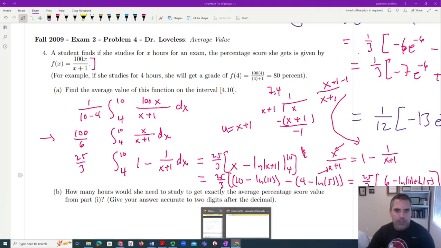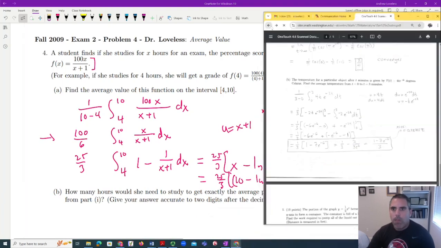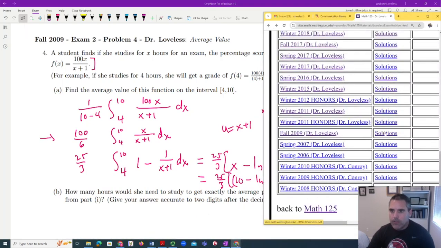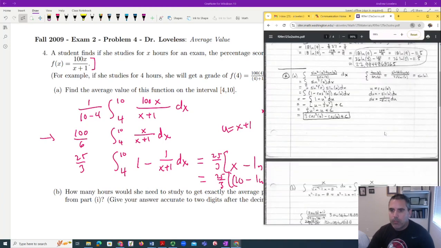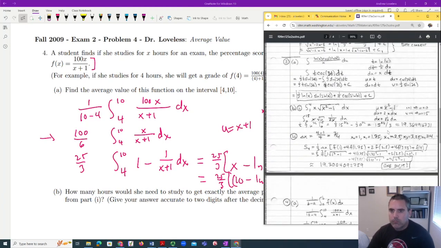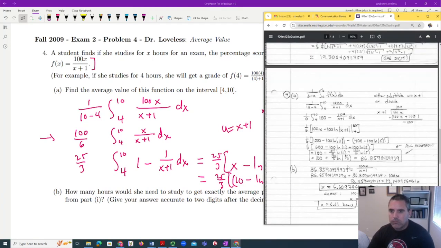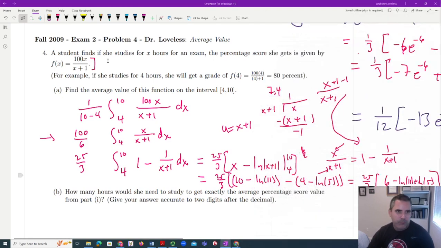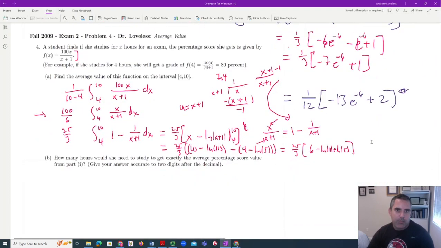This was fall 2009, so let's pull that up. Fall 2009. Yeah. So it was 86%, almost 87%. So if you took the people that studied between 4 and 10 hours, their average score.